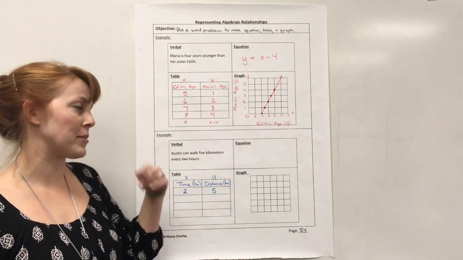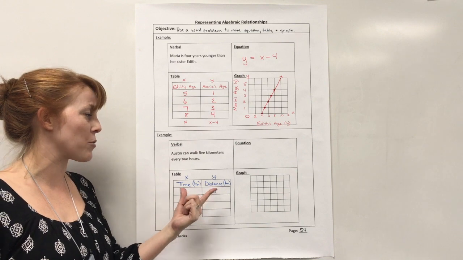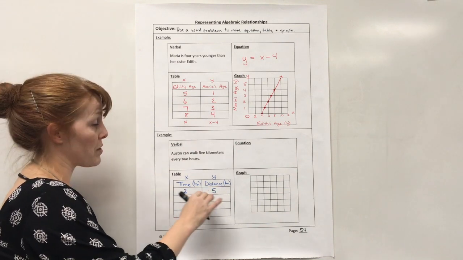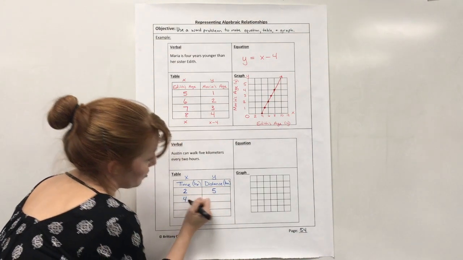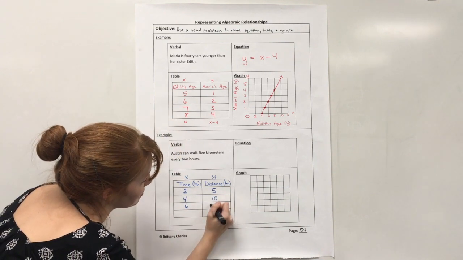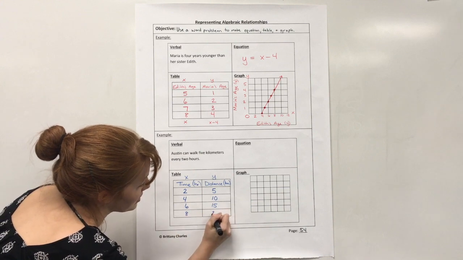Now, because I don't know how much 1 is yet, I'm not gonna put 3. I wanna make sure I keep it in increments of 2 so that I'm actually staying true to this. 2 hours would be 5 kilometers. So then 4 hours would be 10 kilometers, and 6 would be 15, and 8 would be 20.